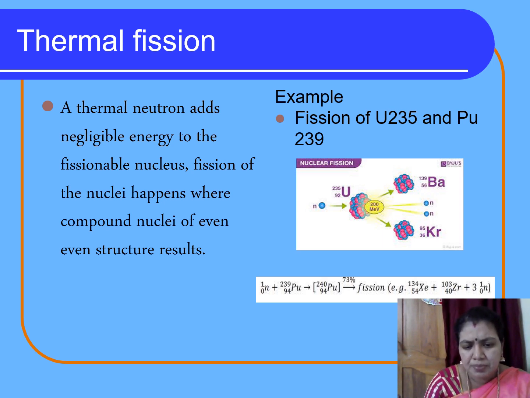Whereas in the plutonium reaction, if you look into the equation of reaction, again the resultants, what are they? Xenon and zirconium, they are of even structure, again 54 and 40. So these types of compound nuclei with even atomic number show thermal fission reaction.